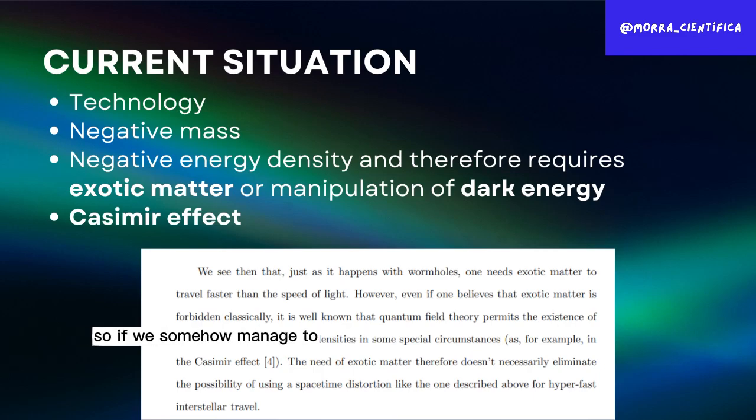If we somehow manage to work with one of these, then we will be able to get the energy to propel all of these theories. And you can do that with the Casimir effect, which you might want to look into if you are interested in these topics. They use exotic matter in the theories.